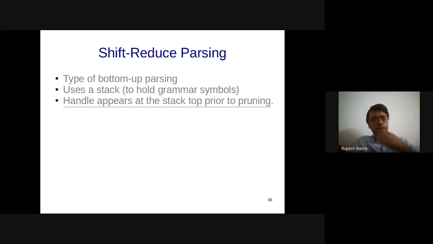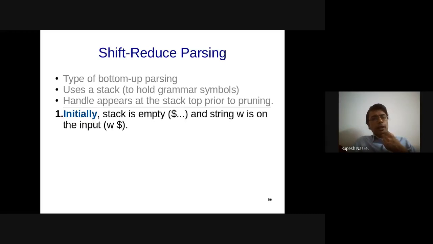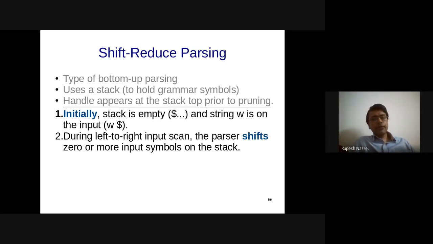Yeah, so shift reduce parsing, I think we have mentioned that. This is an important part: the handle appears at the stack top prior to pruning. So I'm going to mention those steps here in algorithmic form, pseudocode form. Initially the stack is empty, and string w is on the input, followed by $. During left to right input scan, an important thing, it is still left to right scanning.